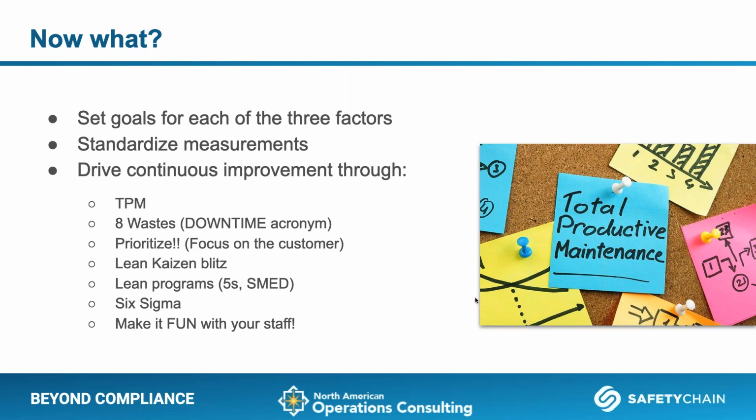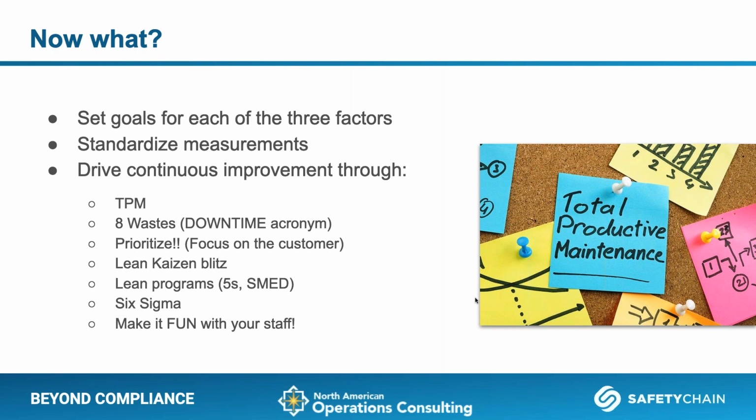Your prioritization, focus on the customer. What's really going to add value to the customer, and what's going to add value to your internal customer, whether it comes to cost, delivery, things like that. Even safety. The operators, they're our customers, that we provide them a safe environment.